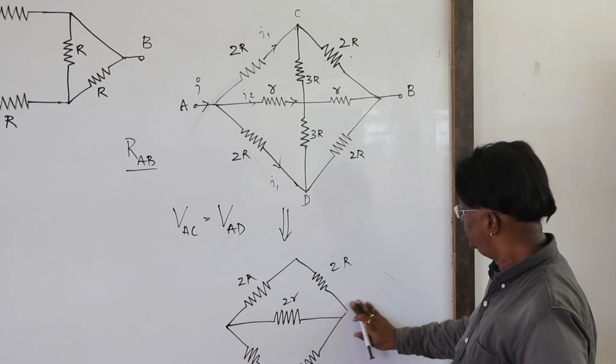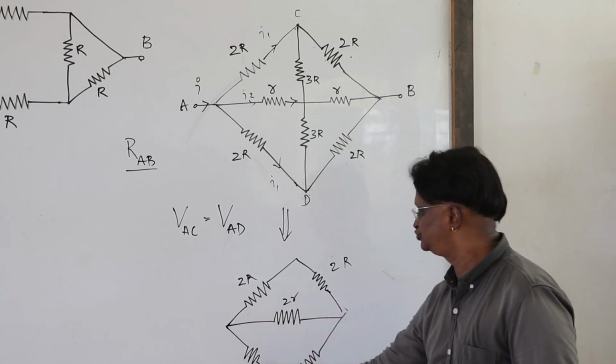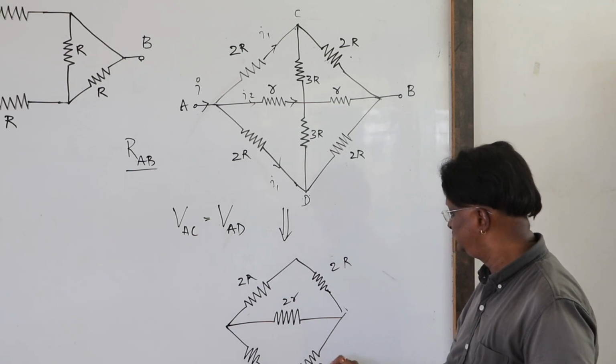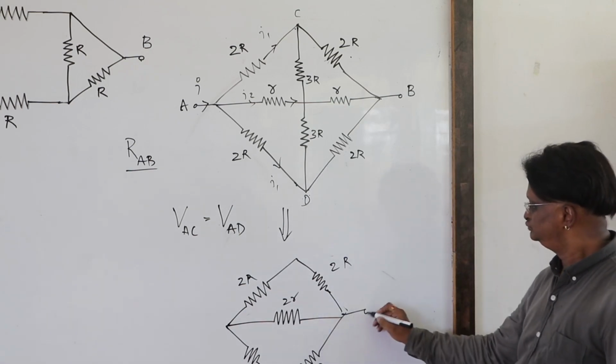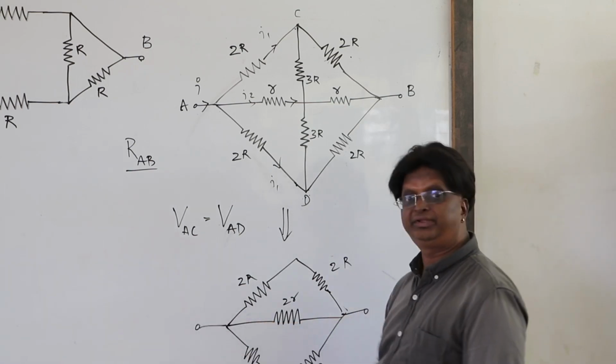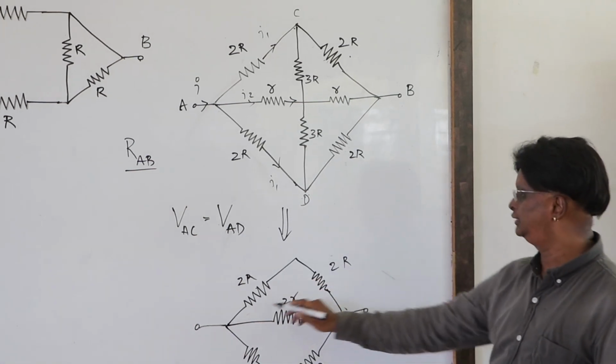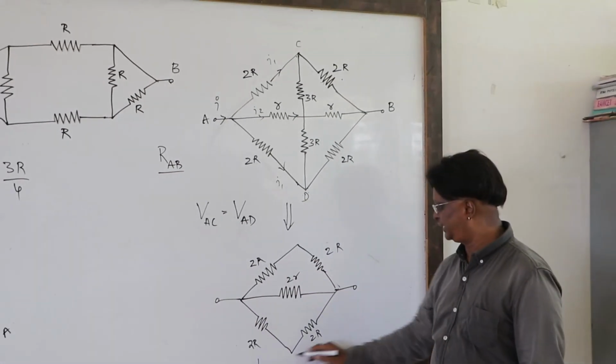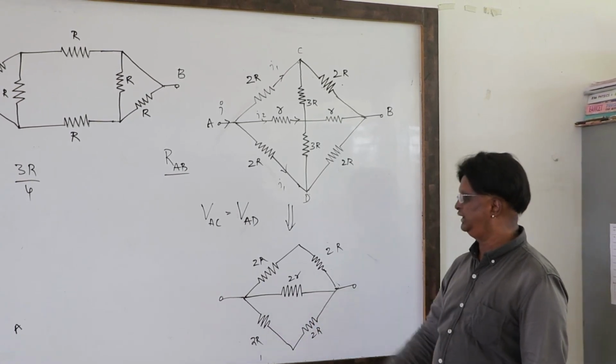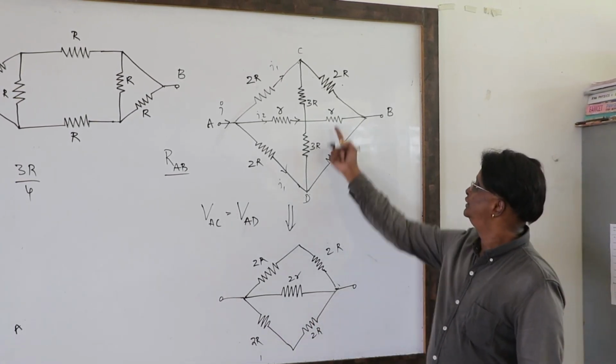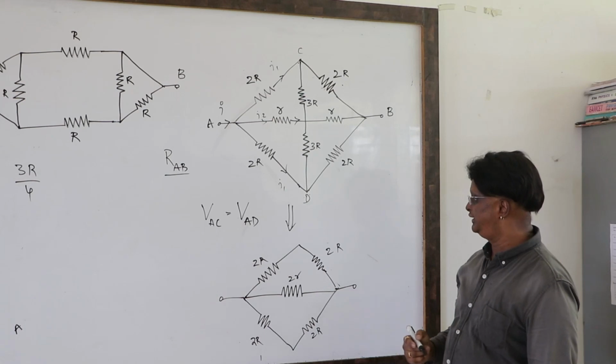So this is our final network, 2R and 2R. Now it is here, right? Because 2R, 4R, and this branch is also 4R. This is 2R, small r and capital R. I have made a distinction.